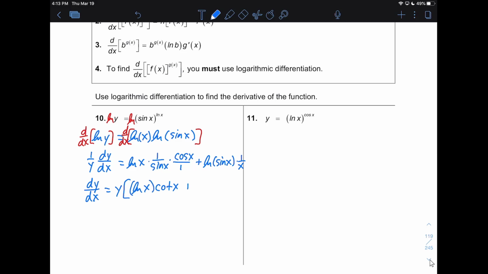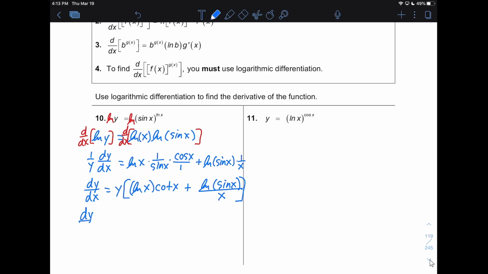And then plus ln of sine of x, and that's all divided by x. And now you have to remember what y is. Y is this quantity here. So I'm going to replace y with that.